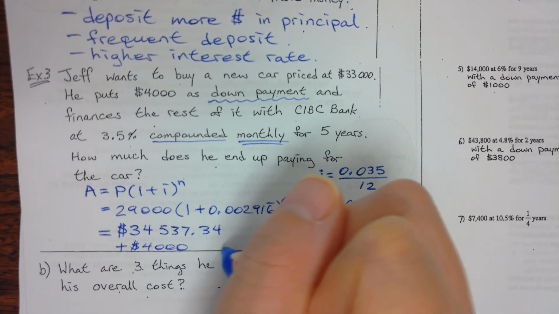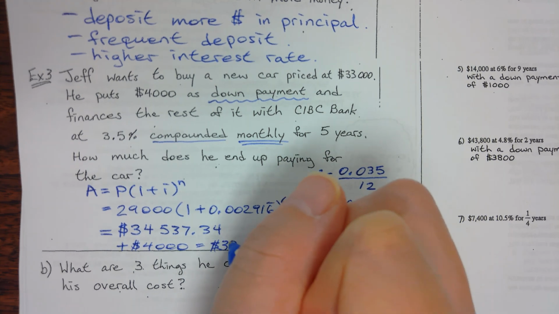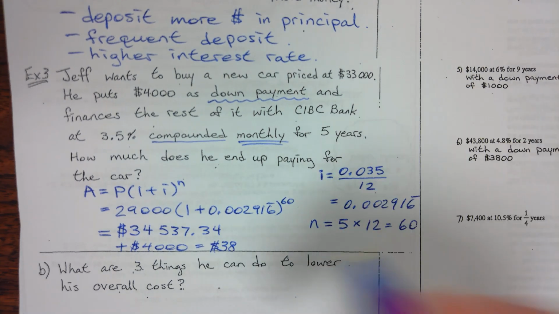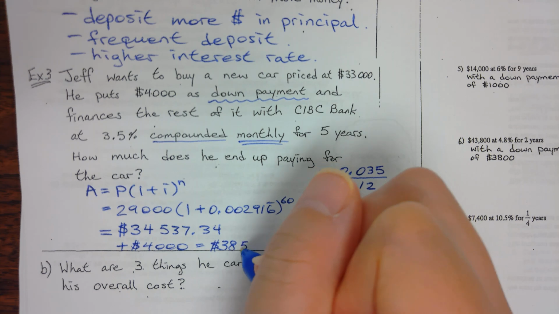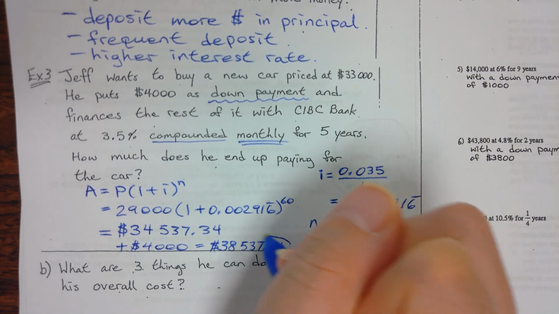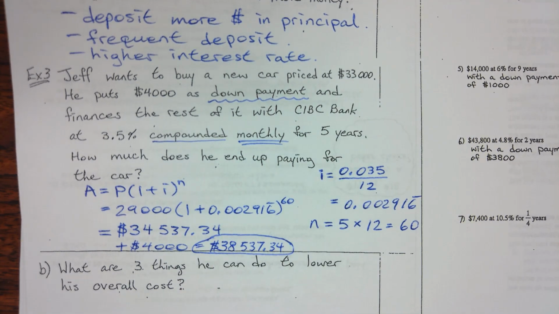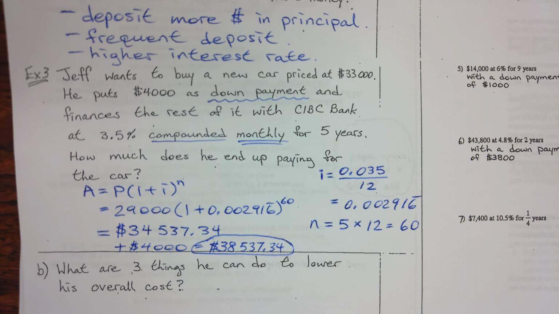So that means this car that was originally 33,000, it's actually 38,500. This is how much I paid overall. Okay. So you paid an extra 5,500 over that 5 years.